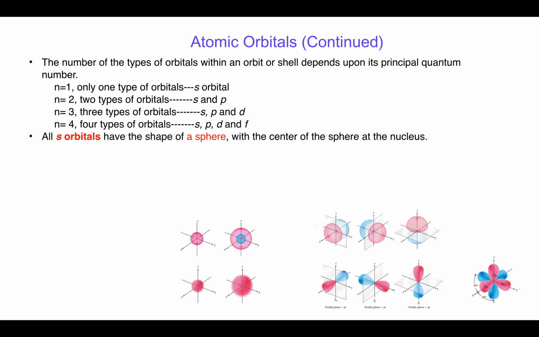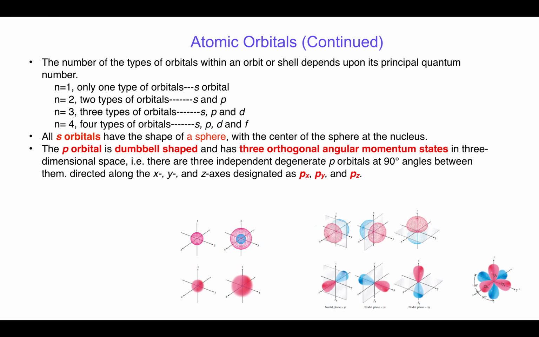Now, if we look at the shapes of these orbitals, that is the shape of the electron density around the nucleus, s orbitals have the shapes of spheres, and the p orbitals have the shape of dumbbells, like shown here.